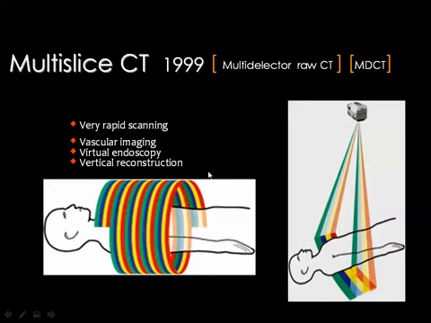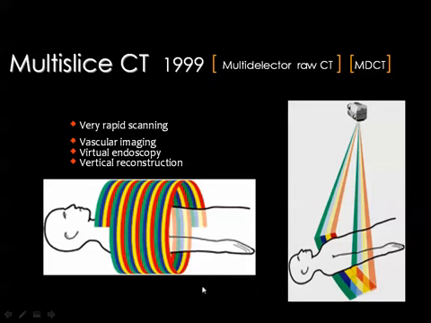These are four advantages. Number one, you have very rapid scanning, and if you are in a busy hospital with a lot of waiting lists, then you can manage. Also vascular imaging: because of the very fast scanning you can inject the contrast media intravenously, and you tell the machine, I would like to see the aorta, I would like to see the coronary, I would like to see any of the vessels in the human body.